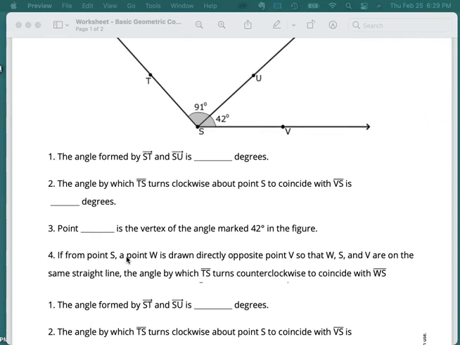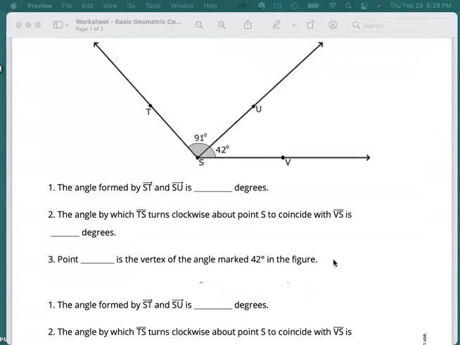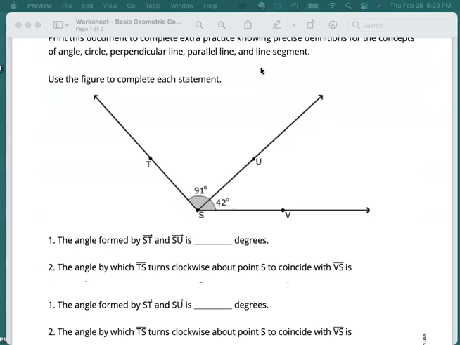If from point S, a point W is drawn directly opposite point V so that W, S, and V are on the same straight line. So let's draw that.